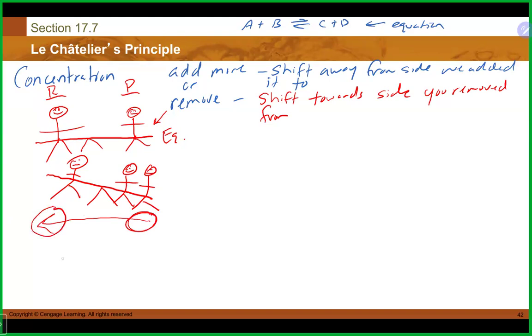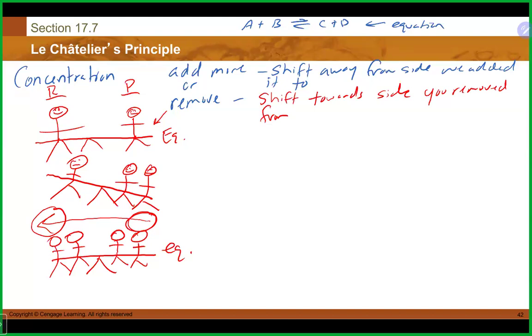And that's going to cause this system to come back to an equilibrium state by shifting away from it. And now we're back to equilibrium at this point. So if we add, as we did here, more products, we're going to cause a shift to the left and make more reactants to come back to equilibrium.